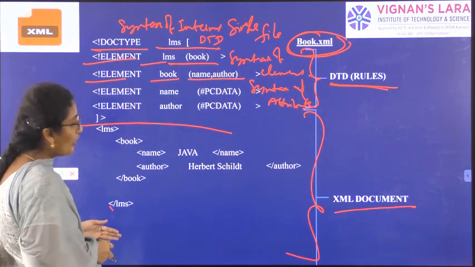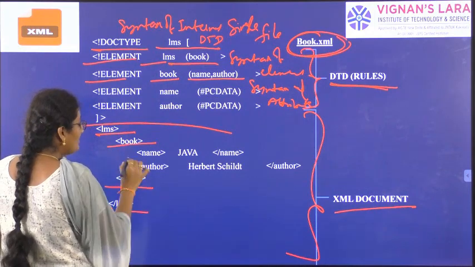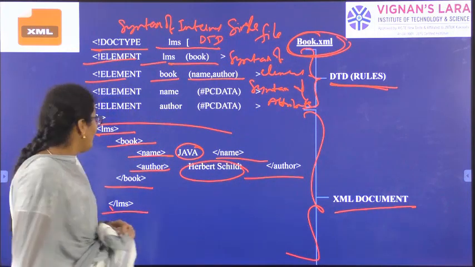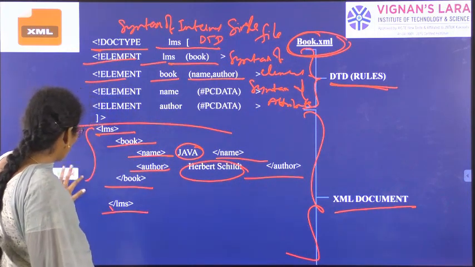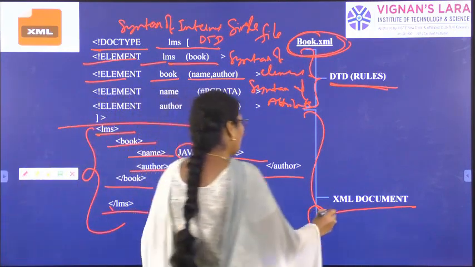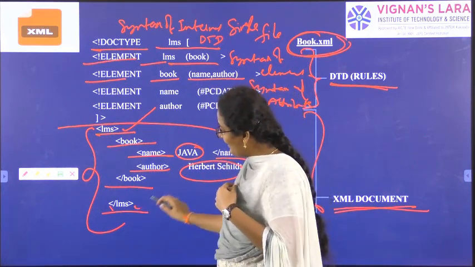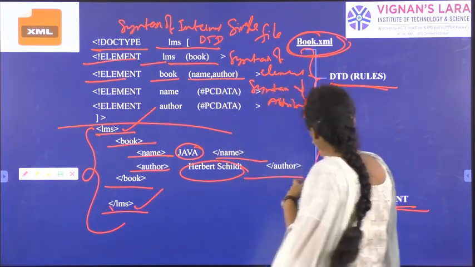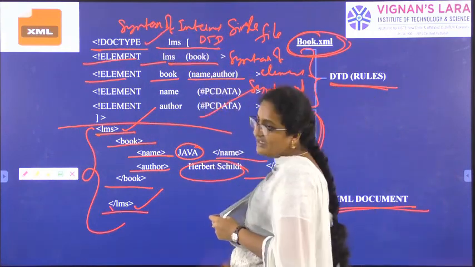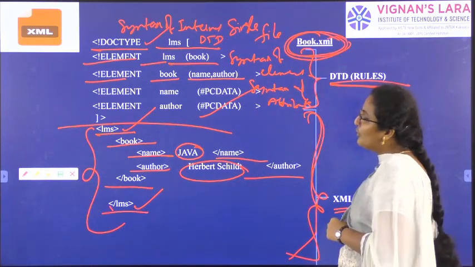Then what is the XML document? Library management system open and close, book open and close, name, author open and close, with details Java and Herbert. From the library management system opening tag to the closing tag, this is the XML document. From document type to element PCDATA, it is DTD rules. All these are in the single file book.xml.